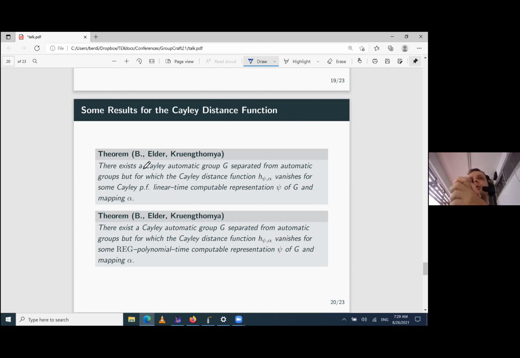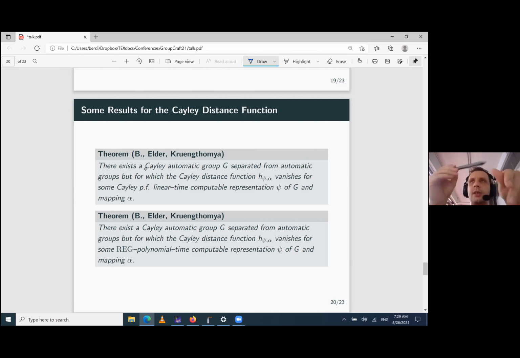This is something you can probably expect, right? Because now you have a more powerful computational model. So this means that you can try to narrow this Cayley distance function down to 0. And we have a similar result for regular polynomial time computable representations.